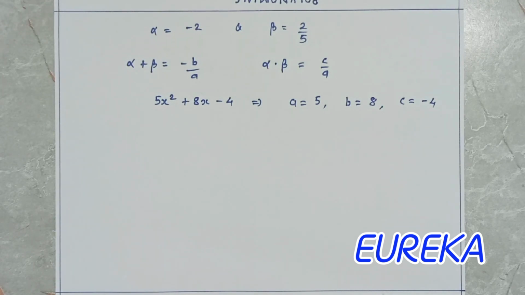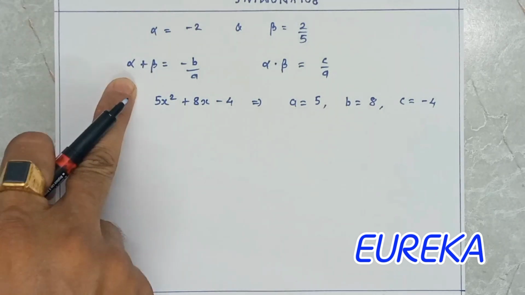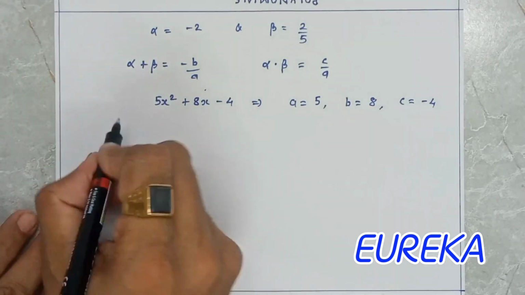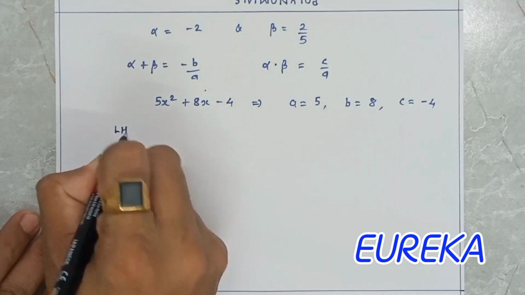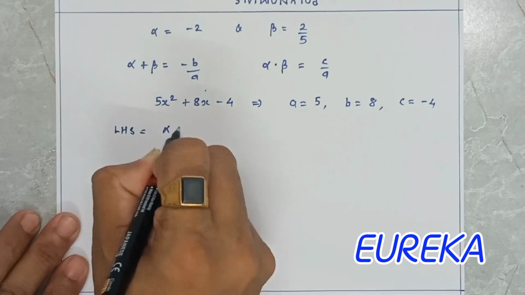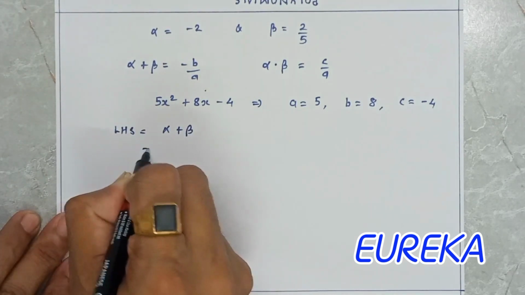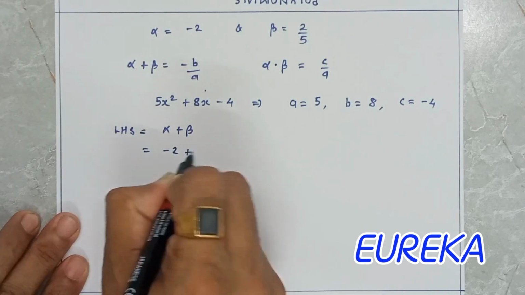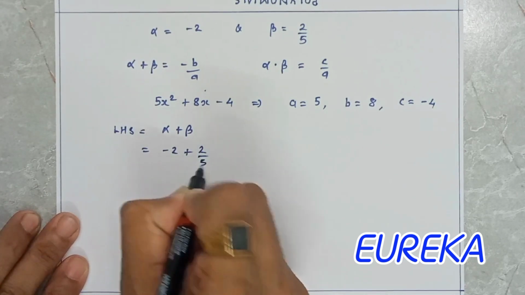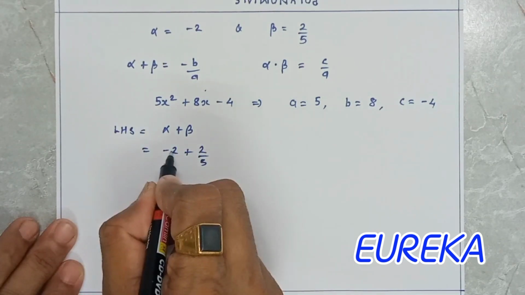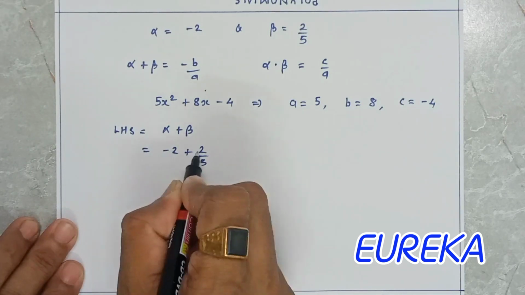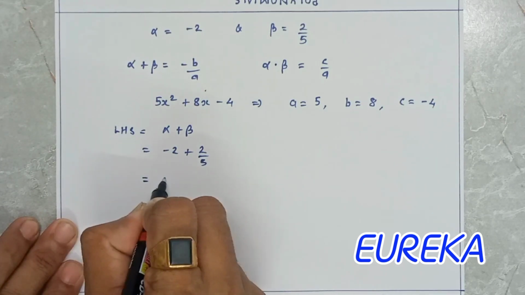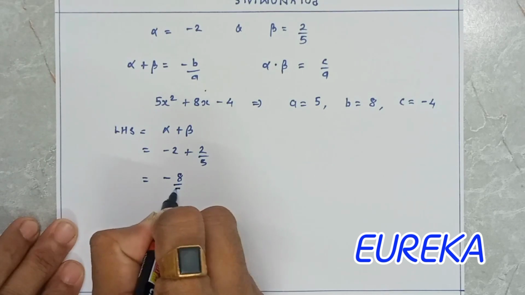For verification, one very important thing: first we will do the LHS and then we will check the RHS. So LHS is alpha plus beta, which equals minus 2 plus 2 by 5. 5 twos are 10, so minus 10 plus 2 gives minus 8 by 5.